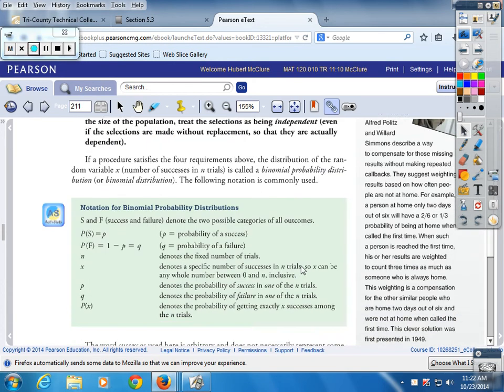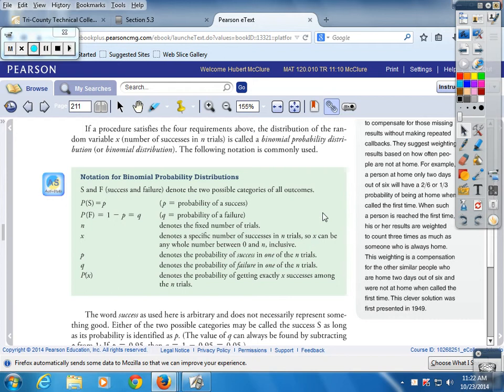And the things that you need to write down are right here. This is notation for binomial probability. This will also follow you into Chapter 6 and Chapter 7. The first thing is P. What is P? P is the probability of success. Later on, it's going to be P and P hat, which has a little caret symbol above it.